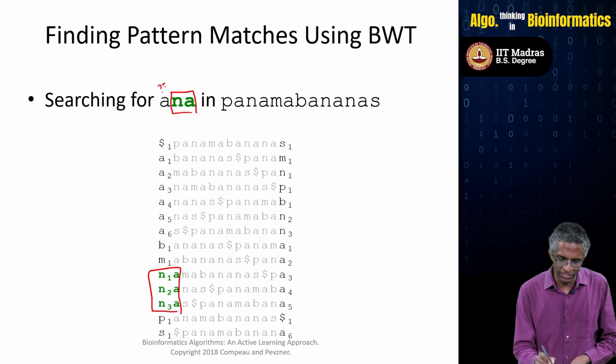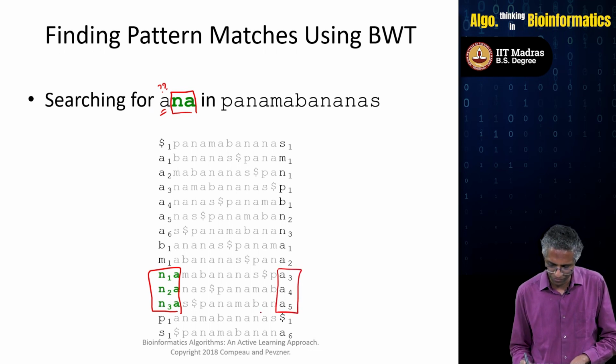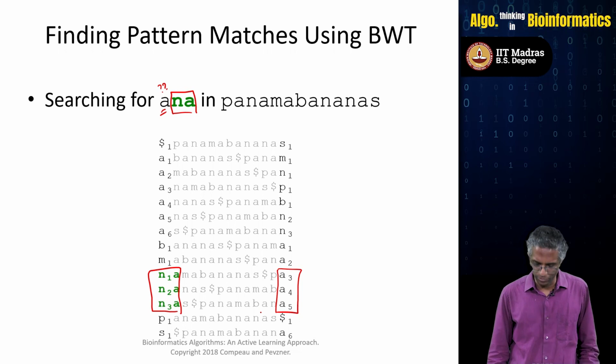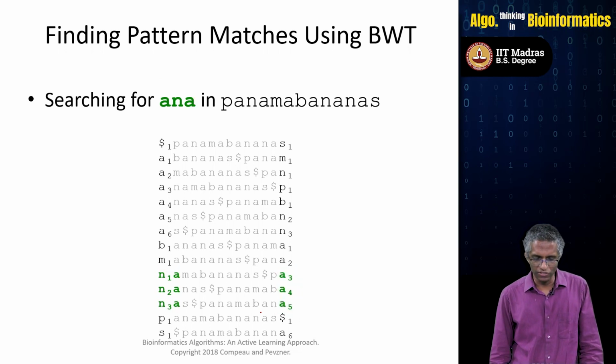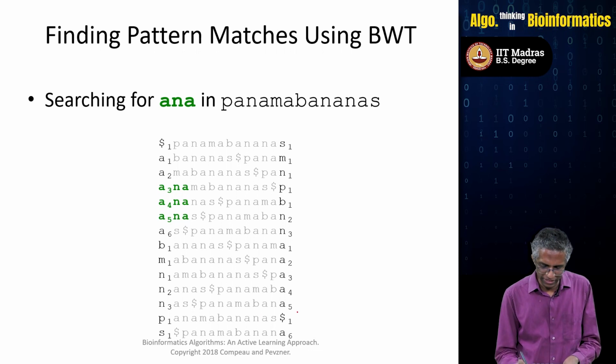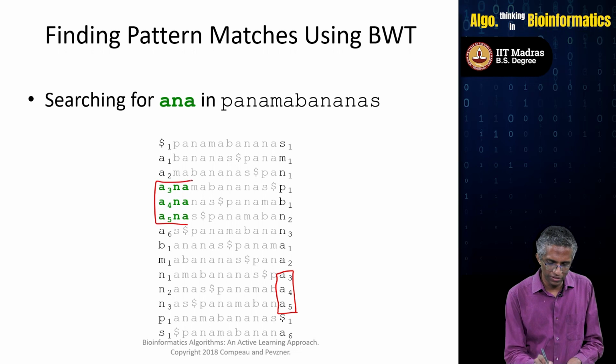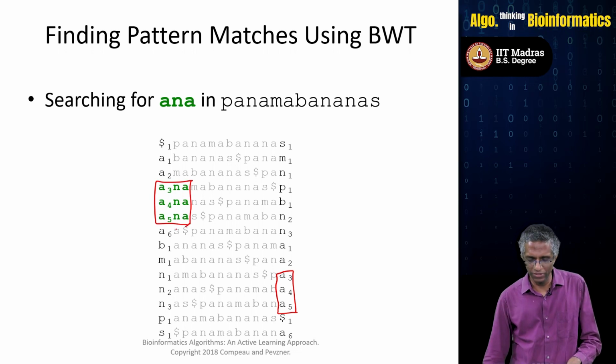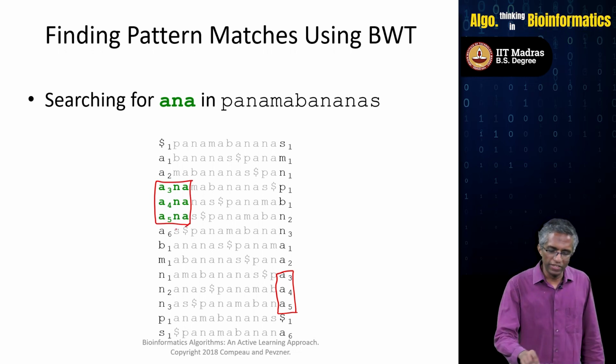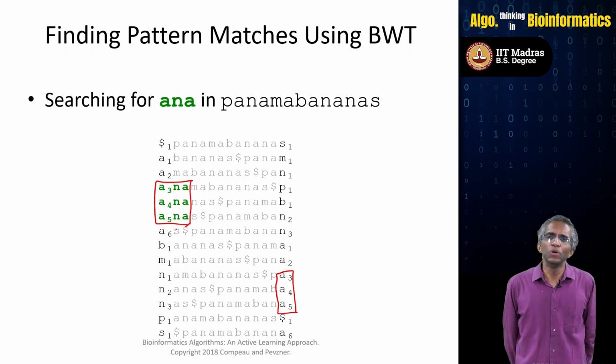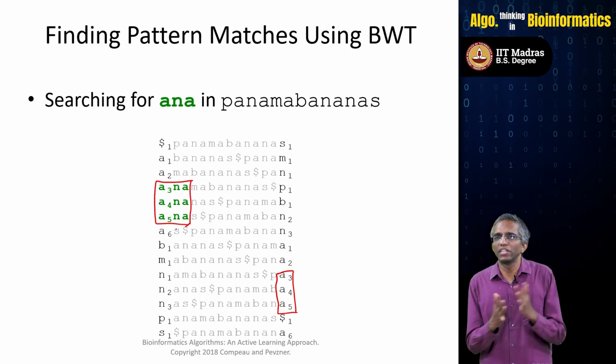Now I want to check if this A is being matched, and that is going to be in the last column here. And that indeed also matches. So all of these A's are also matched, and then we have this A3, A4 and A5 occurring together in this particular location. If you go back to the first column again, we have this. So we are crucially using the first-to-last property.